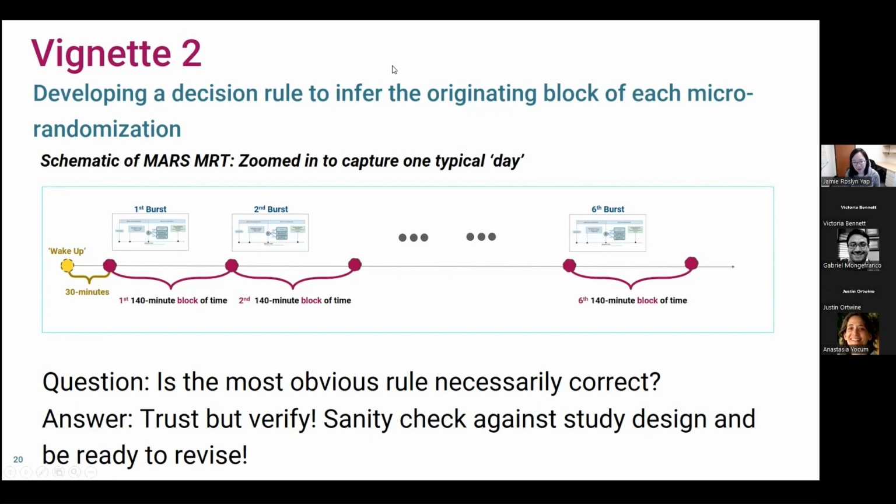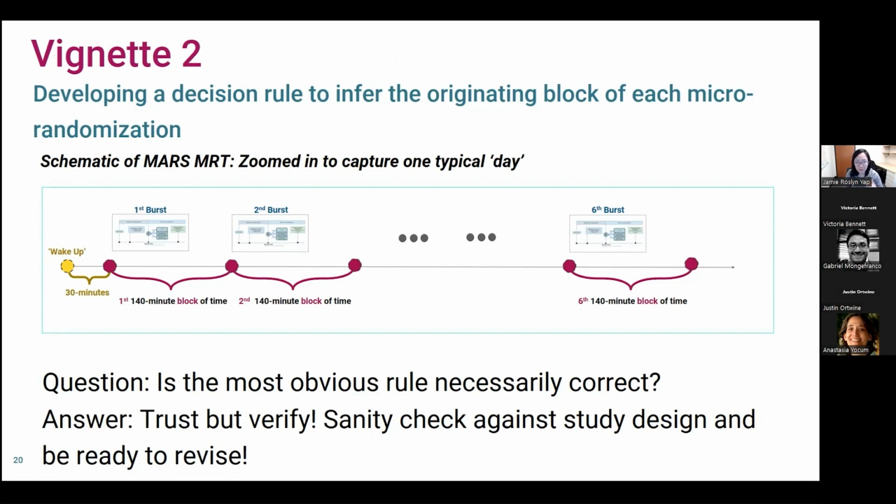In that scenario, if that actually can happen, the most obvious rule of just simply doing a match between the closest time when micro-randomization happened and when the 2-question survey, the quick survey, was completed, it's not obvious that it's necessarily correct.